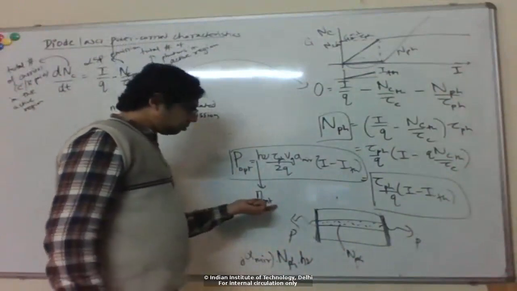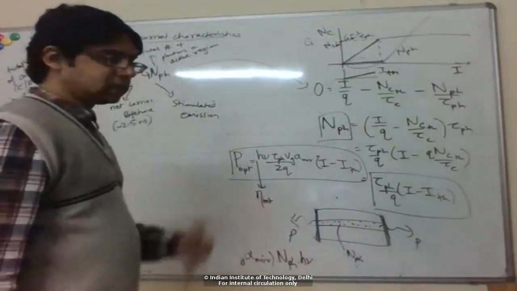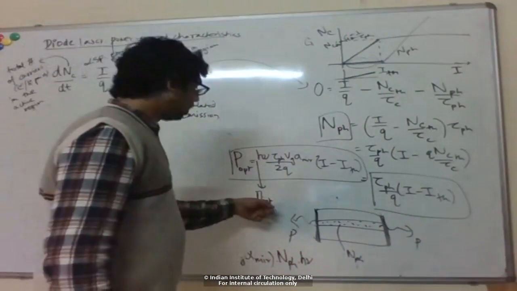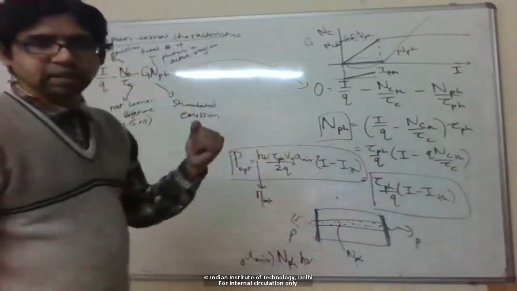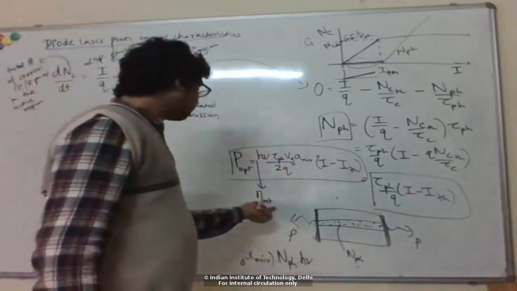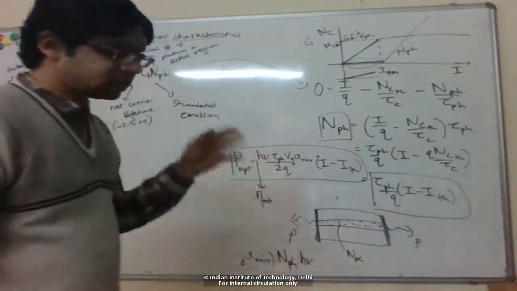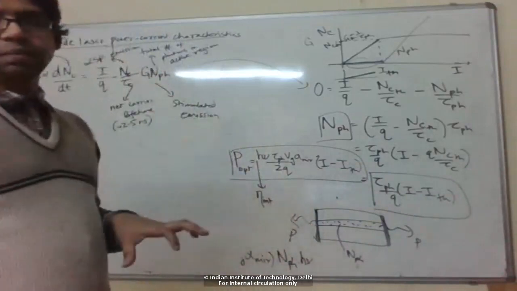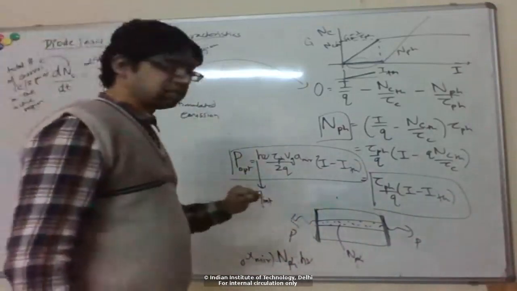If the radiative lifetime was much shorter, then this internal quantum efficiency was higher, because this was basically the fraction of carriers which spontaneously recombine radiatively. That was the internal quantum efficiency.